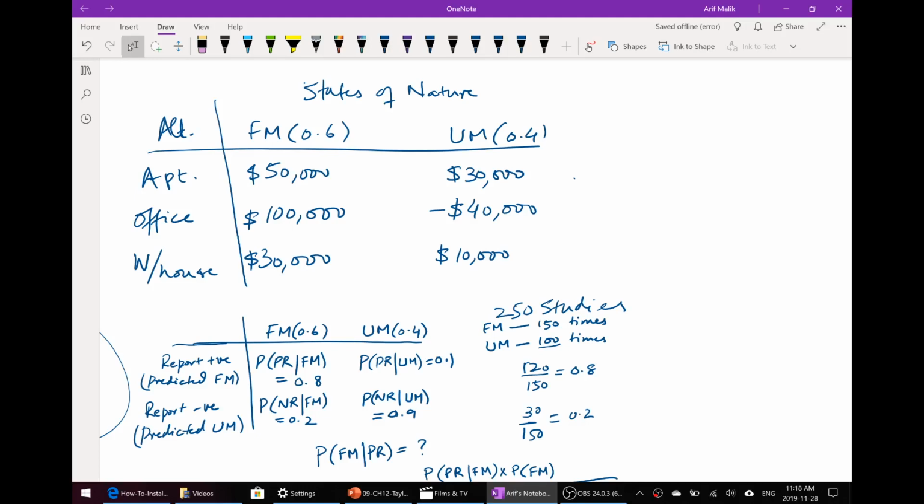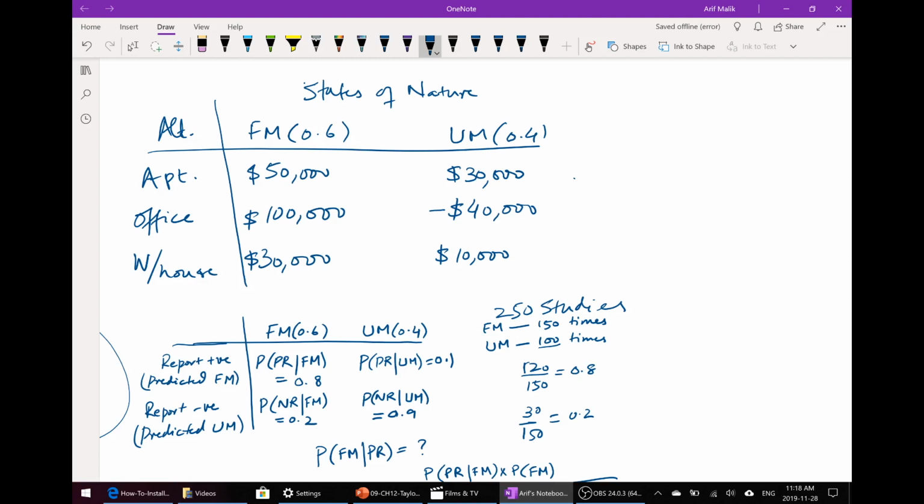So we continue with our previous example of investments. We had three alternatives: apartment building, office, and warehouse. And we had two states of nature, favorable market and unfavorable market.